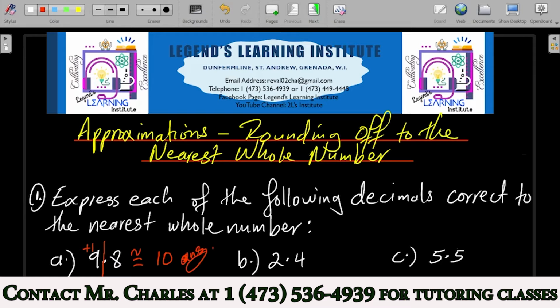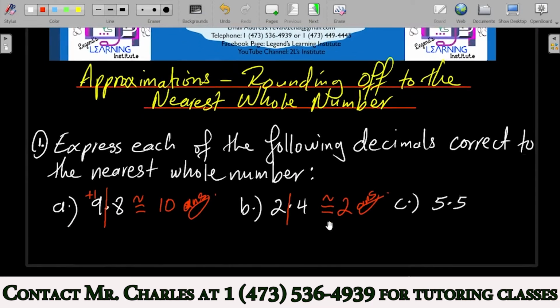Now for B, we have to put a line between the 2 and the 4. The 4 is less than 5 in this case, so we do not add 1 to 2. We just drop the 4, so our answer would be approximately equal to 2, because the 4 is less than 5. Now the third one is 5.5.